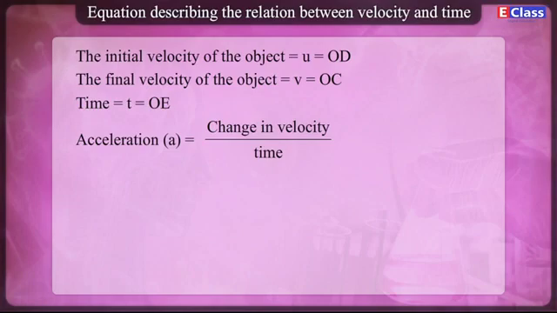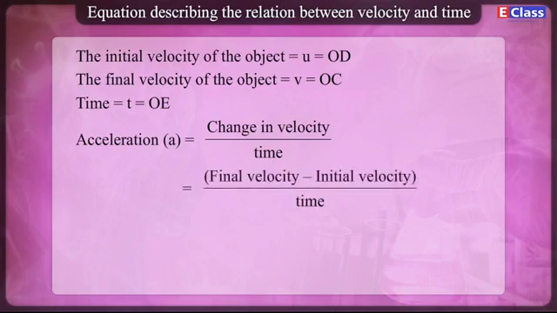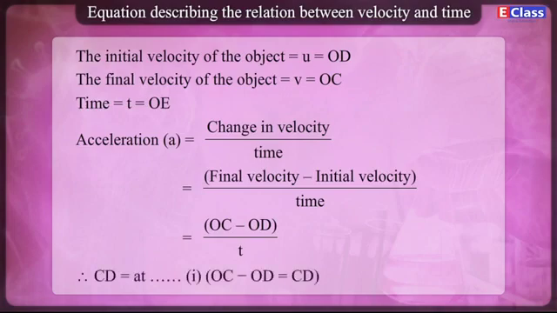Acceleration a is equal to change in velocity upon time, which is equal to final velocity minus initial velocity upon time, which is equal to OC minus OD upon t. Therefore, CD is equal to at. (1) OC minus OD is equal to CD.